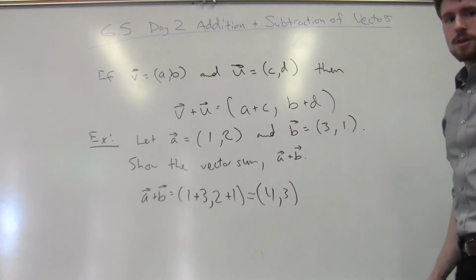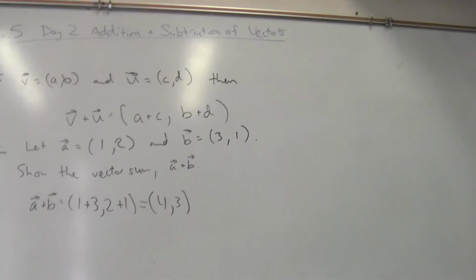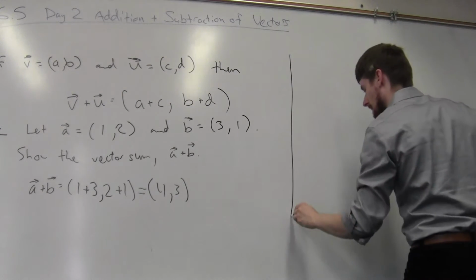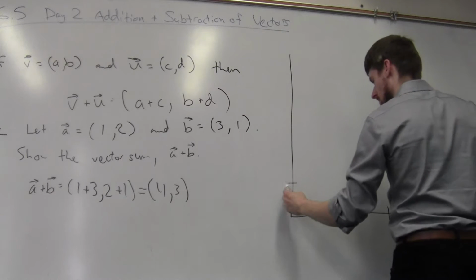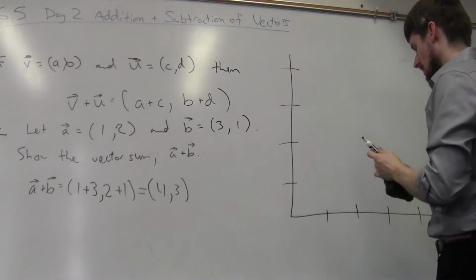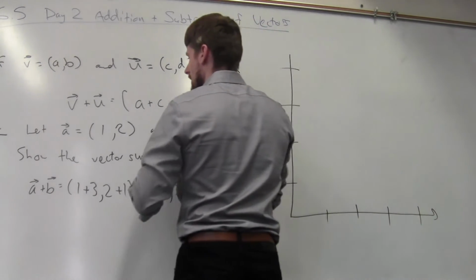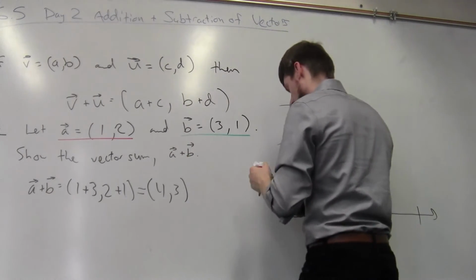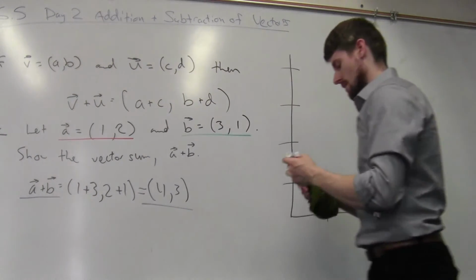So let's draw the picture of this graphically, see what's going on. Scoot this to the right. Okay, 1, 2, 3, 4. 1, 2, 3, 4. Let's do that. Okay, so the first thing I'm going to do is draw A in red, B in green, and the result, A plus B in blue.